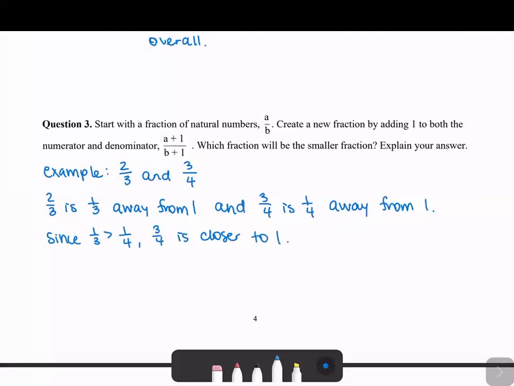Because we know that 2/3 has to be further away from 1 because 1/3 is bigger, that means that 3/4 is closer to 1 and is the bigger fraction. Okay, that would mean 2/3 is smaller.